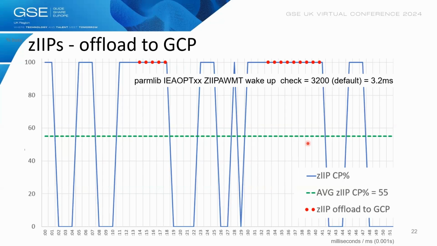And what happens when the processor is busy at 100%, especially a zIP? Then we may call for help to general CP after a period of 3 milliseconds. So we don't call for help here because this period was quite short, but we do call for help here, right? When zIPs get busy, and are busy for a long time, 3.2 milliseconds, then we offload to general CP. So those are the periods where the general CP was used, right?